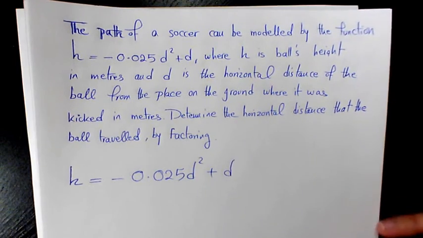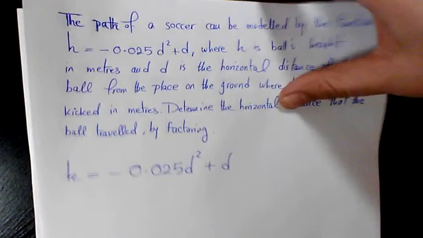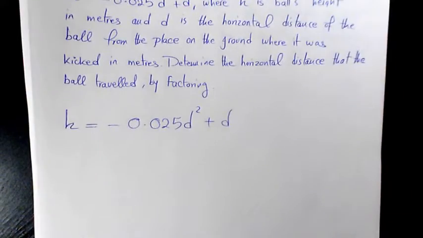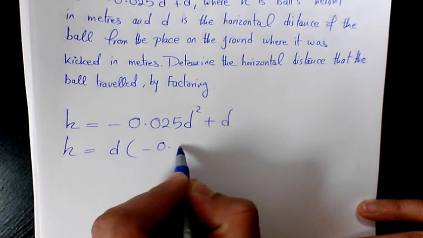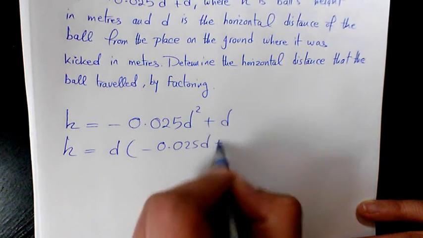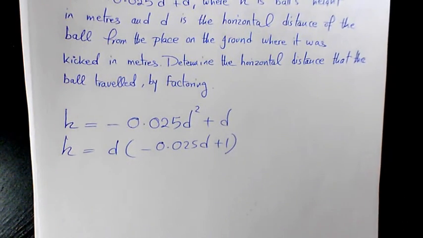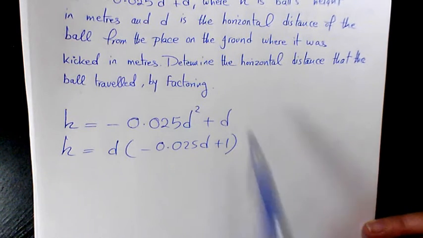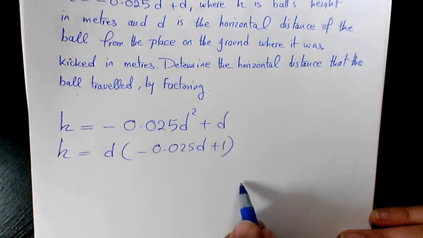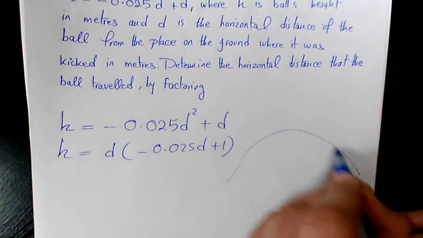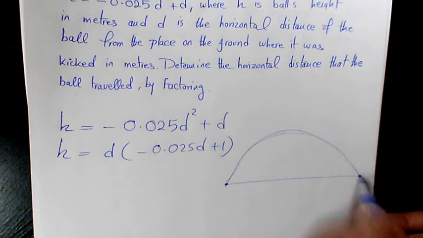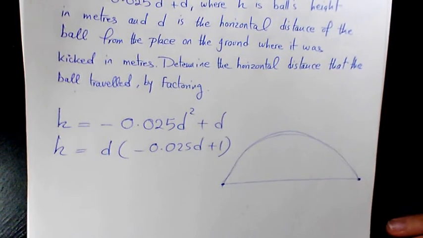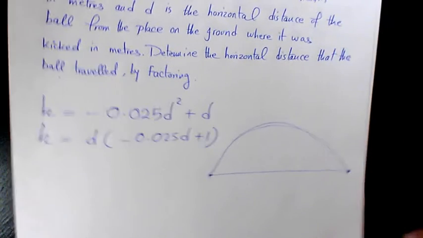So basically we have h equals negative 0.025 d squared plus d. If you want to factor it, we have d common between these two terms, so I'm going to factor d out: d times negative 0.025d plus 1. It says determine the horizontal distance that the ball traveled. If we consider the graph, we are interested in finding the distance between the two x-intercepts.